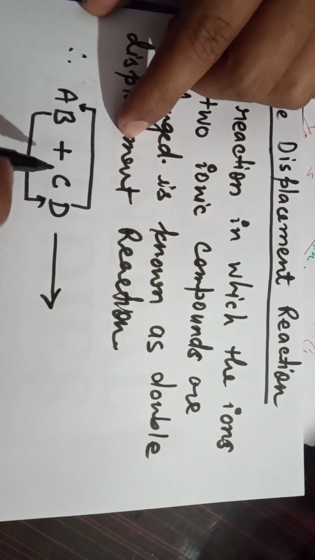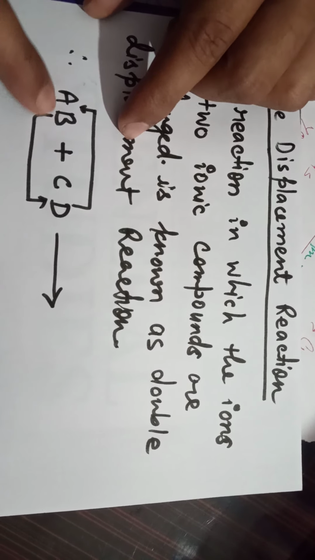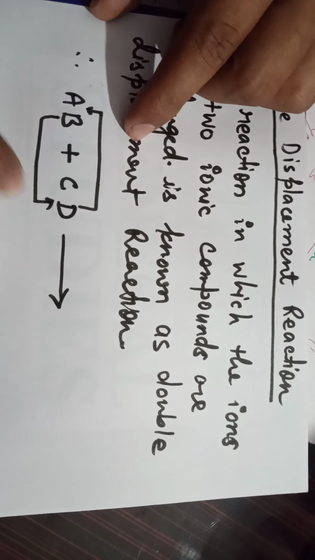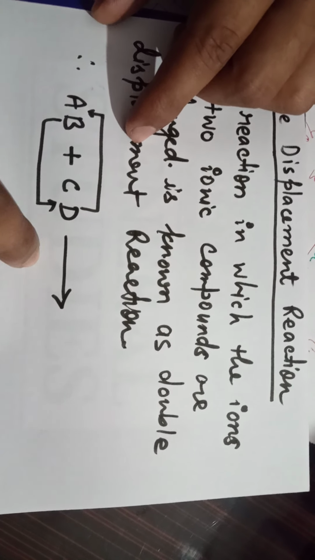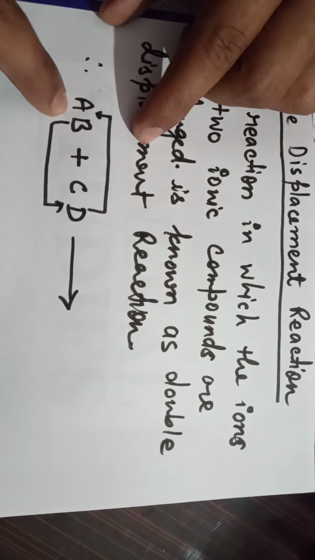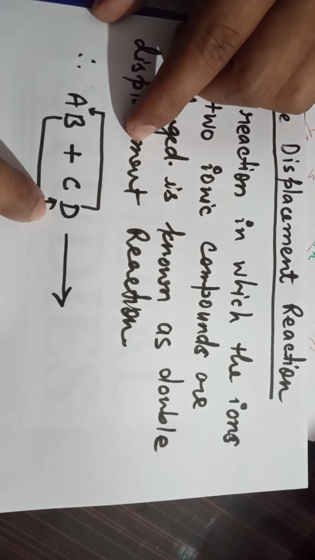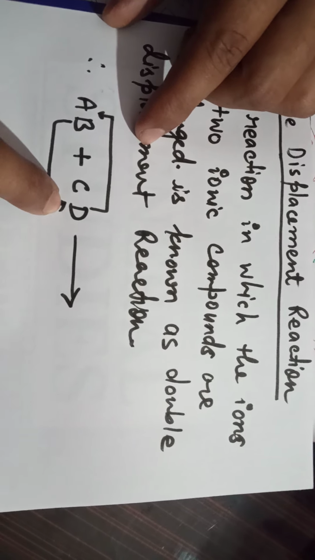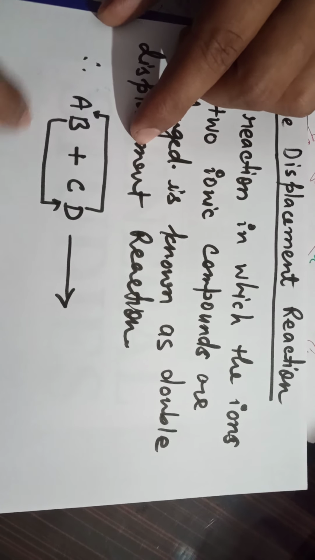One displacement is that B from AB goes along with C. On the other hand, D comes along with A. So B is displacing towards C, and D is displacing towards A. This is double displacement.